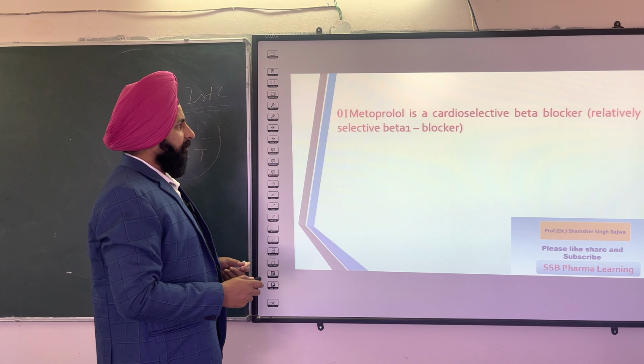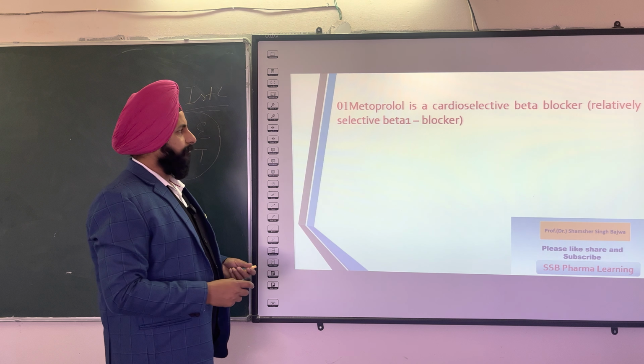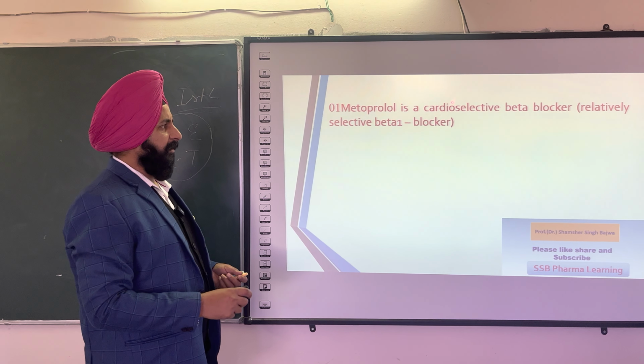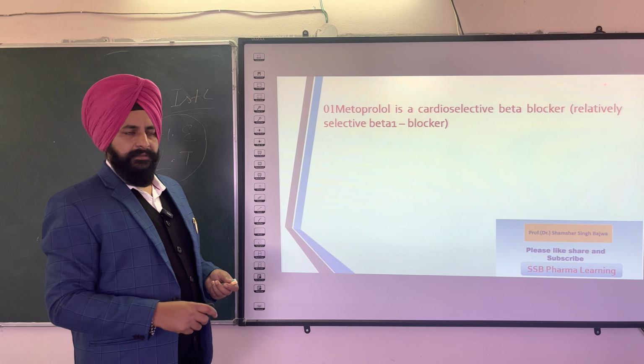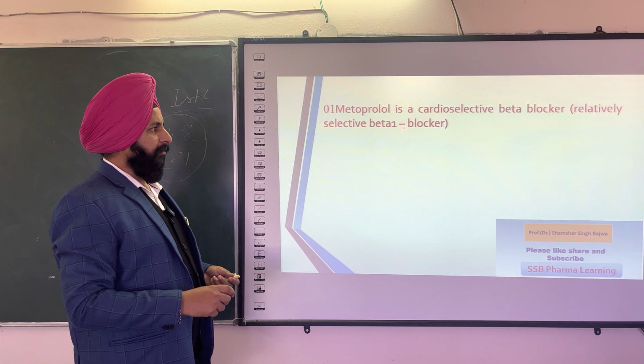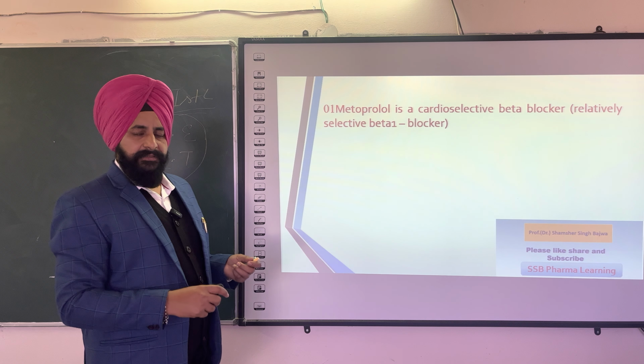So the next question for the GPAT series is: metoprolol is a cardioselective beta blocker, relatively selectively blocking beta 1 receptor.